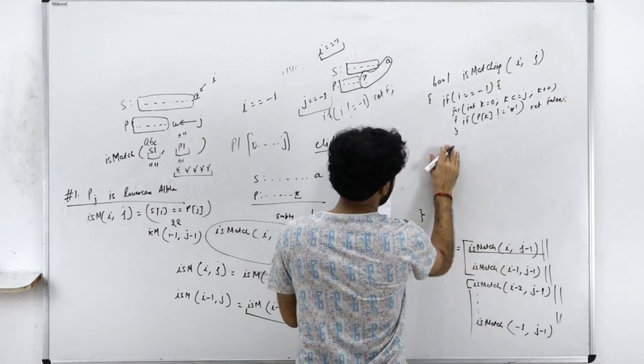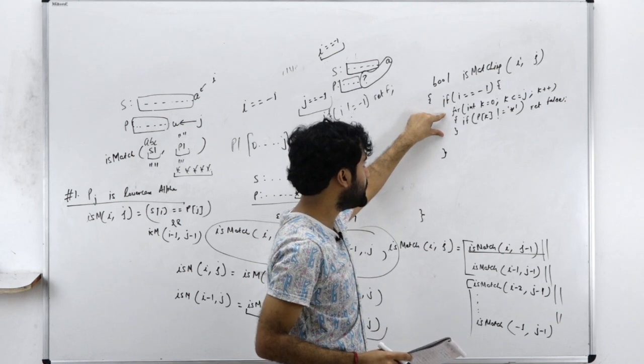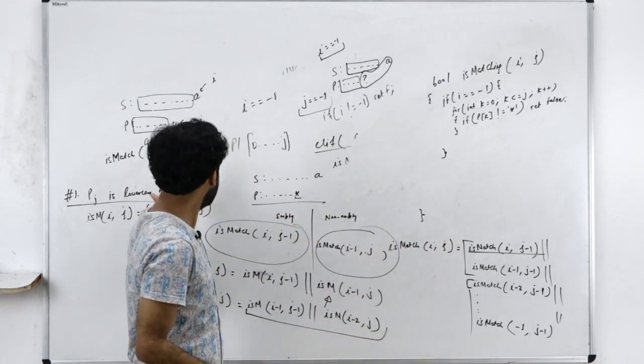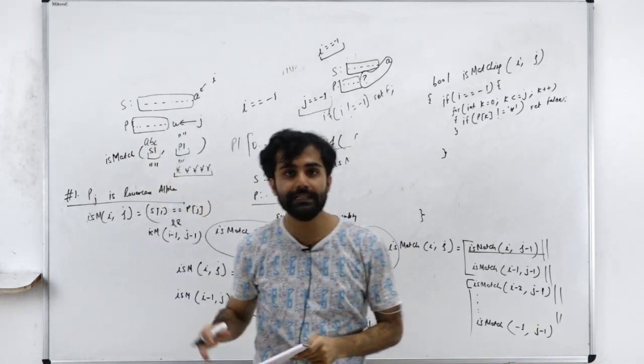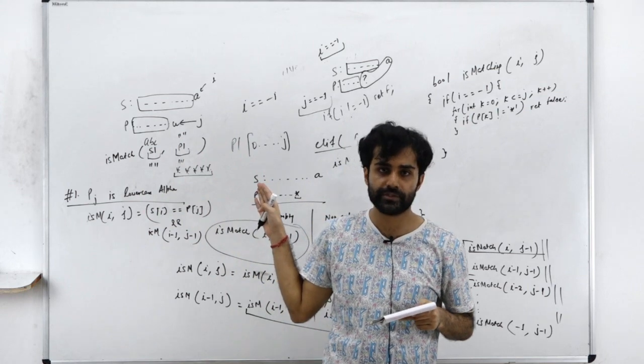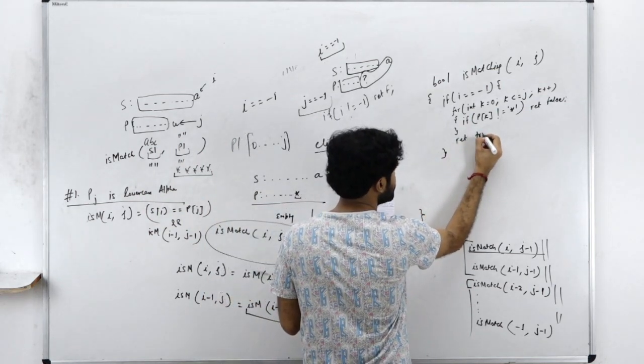Now let's take the case when this loop was over. Because you did not return false anywhere, that means this p1 was surely star, star, star from index 0 till index j, and if that is the case, then you should happily return true.